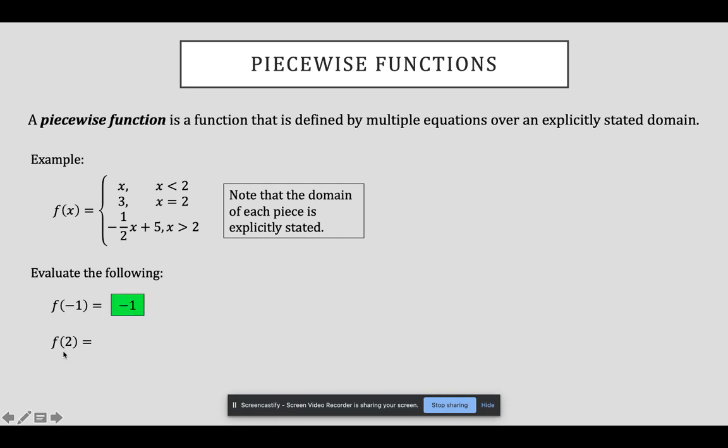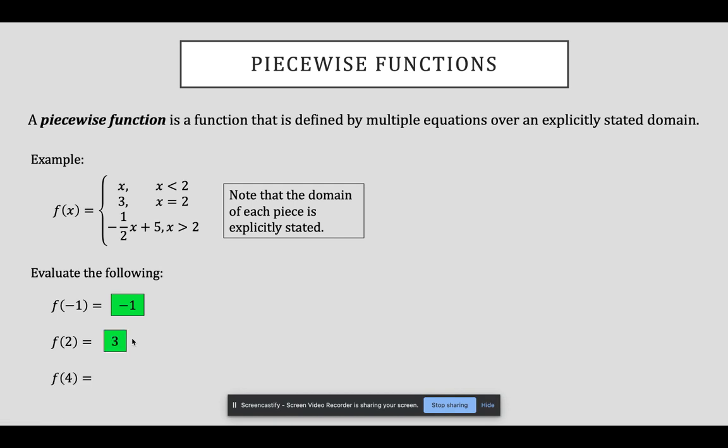Evaluating f of 2. This means we need to substitute in 2 for x. What does this tell us? When x is equal to 2, my output is equal to 3. This actually is going to correspond to a singular point. When x is 2, y is 3. f of 2, therefore, is equal to 3.